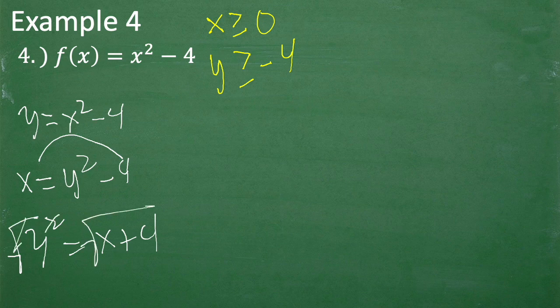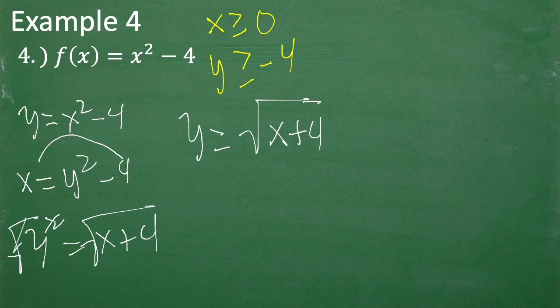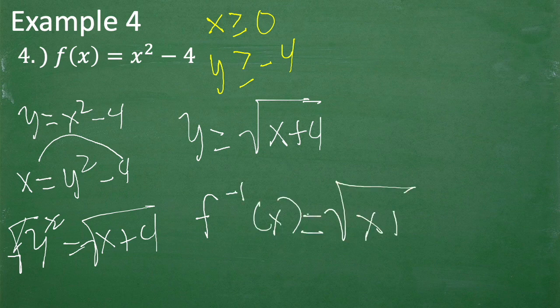We have y equals plus or minus the square root of x plus 4. To make this exactly the inverse of this function, we simply have to restrict this one. So we have f inverse of x equals the square root of x plus 4, with the restriction that x must be greater than or equal to negative 4.